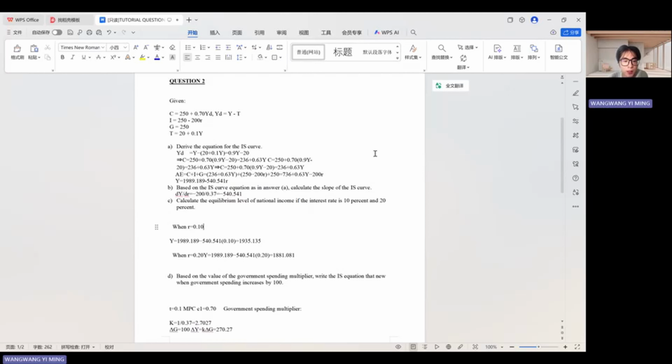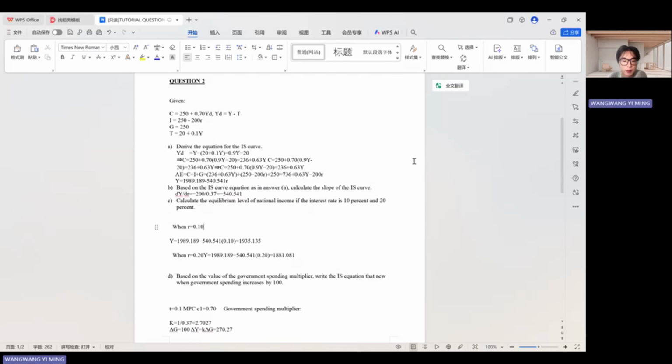Finally, we can get Y equals 1989.189 minus 540.541R. For question B, the slope of the IS curve, we can use dY divided by dR equals negative 200 divided by 0.37.